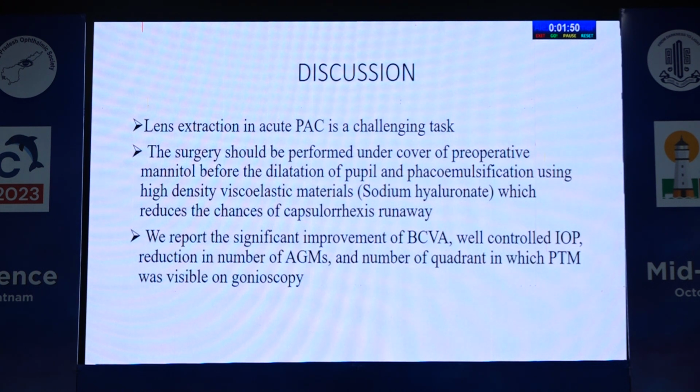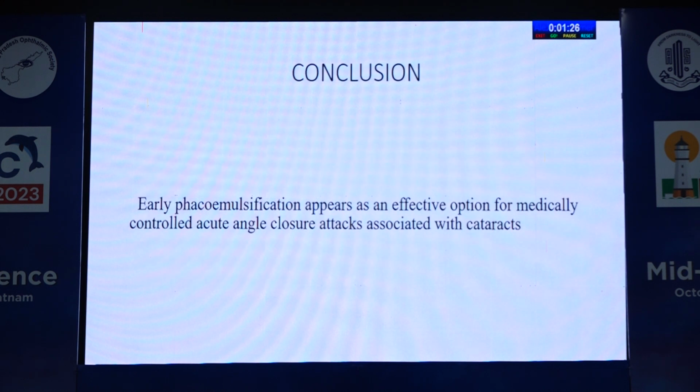The surgery should be performed under pre-operative mannitol before dilatation of the pupil, and phacoemulsification should be performed using a high density viscoelastic material like sodium hyaluronate, which reduces the chances of capsulorhexis runaway. We report significant improvement of BCVA, well controlled IOP, and reduction in the number of AGM and number of quadrants in which PTM was visible on gonioscopy.